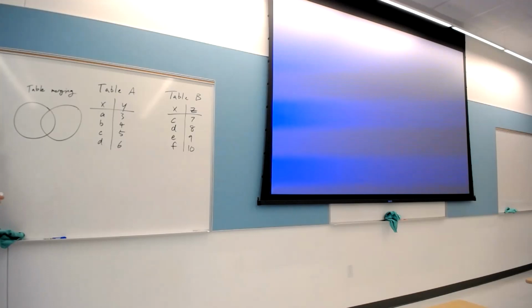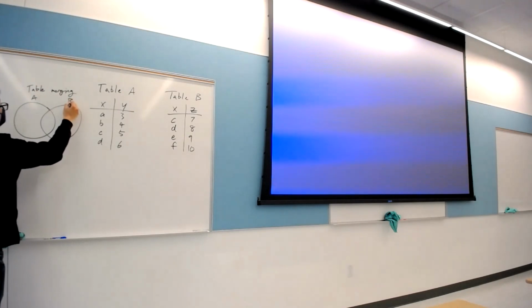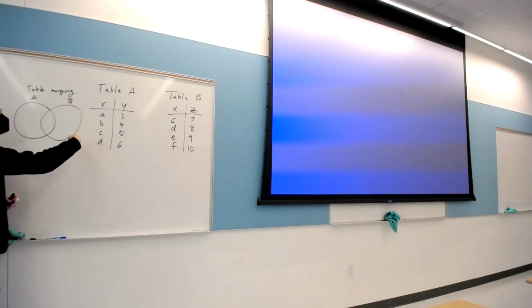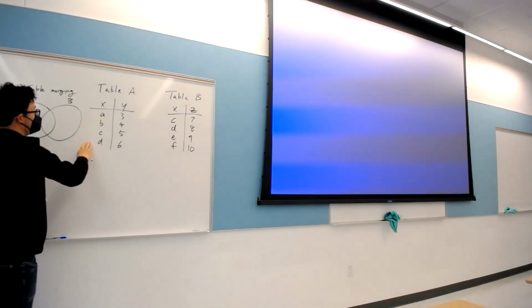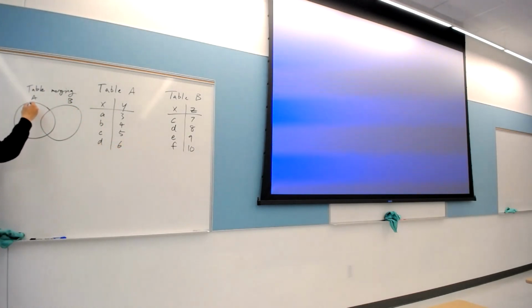So this is table A and table B. So there is some sort of intersection between these two if we're considering, for example, joining on this column with the same name.